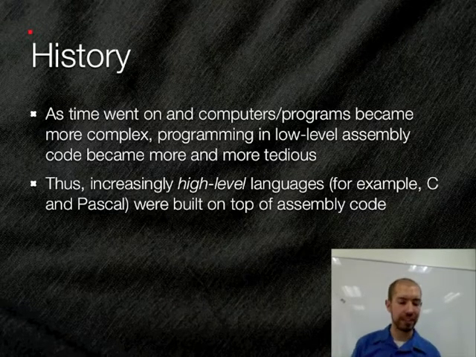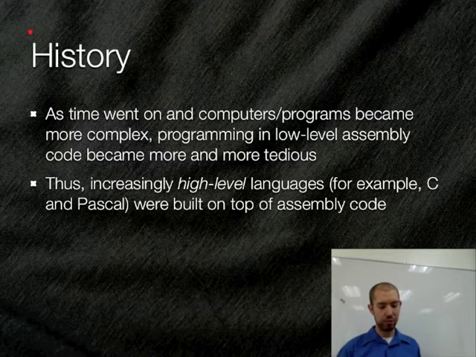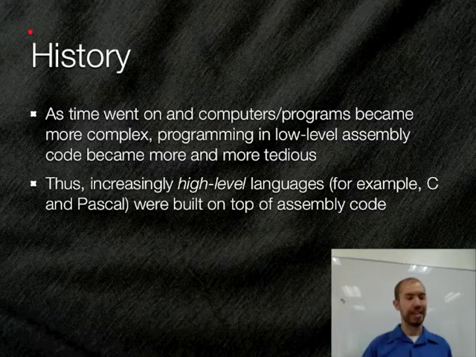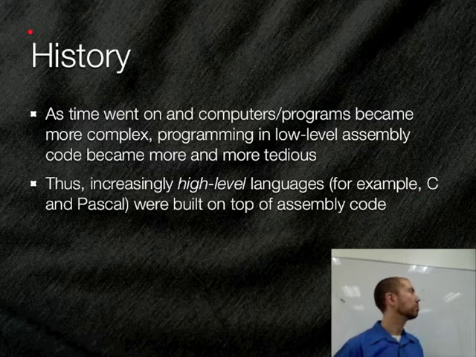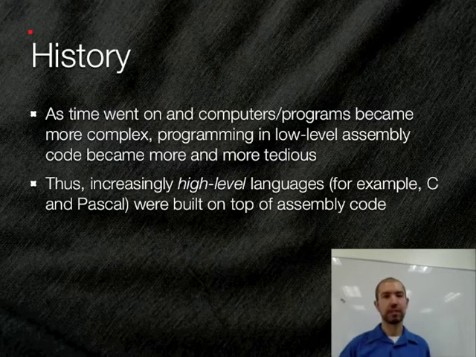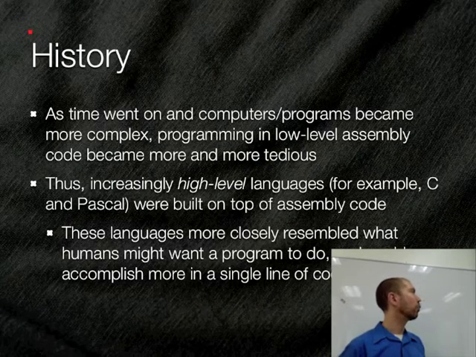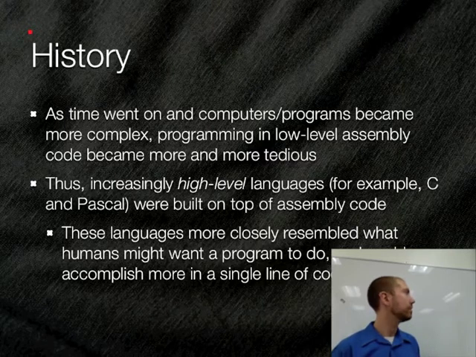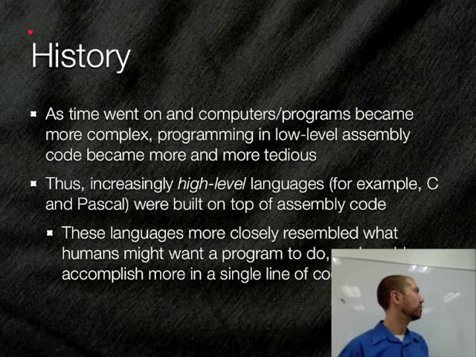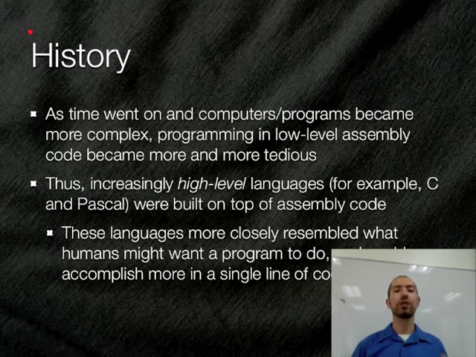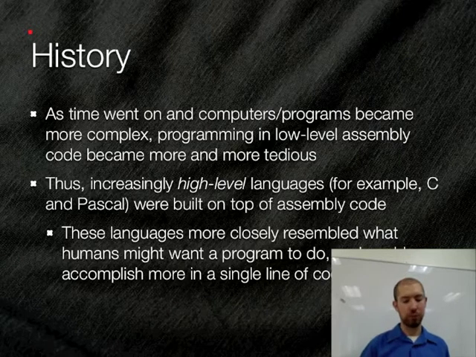In other words, they invented languages that could be translated into assembly code, but were a little bit more convenient for humans to write, and did slightly more complex things with every line of code, right? The idea is that the words in the language and the instructions looked more like what a human might want to program, and they can do a lot more in one line of code.